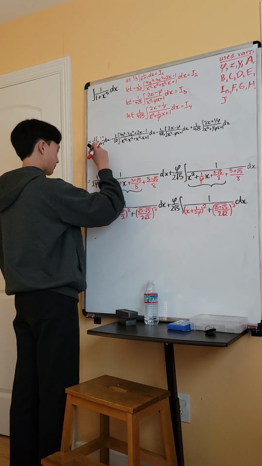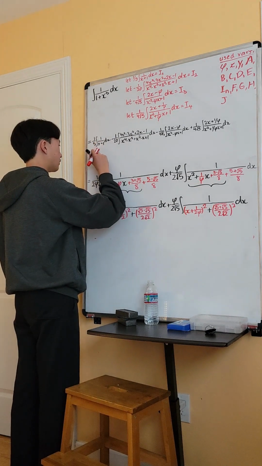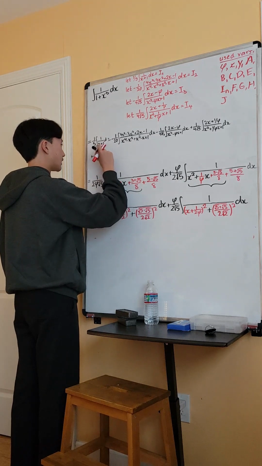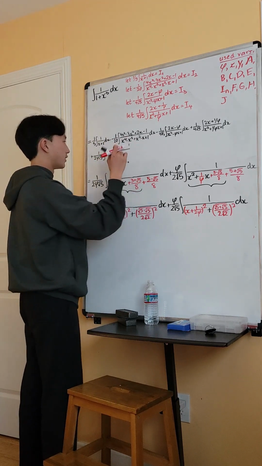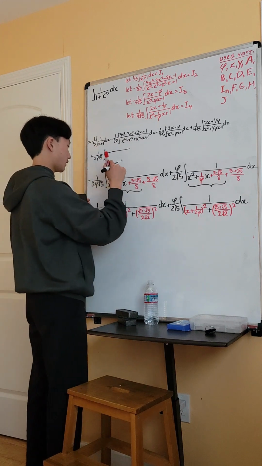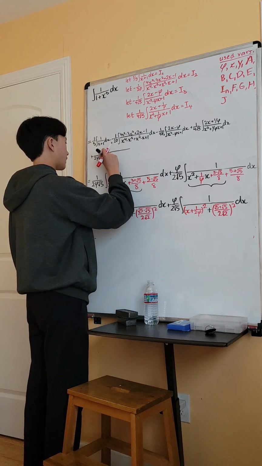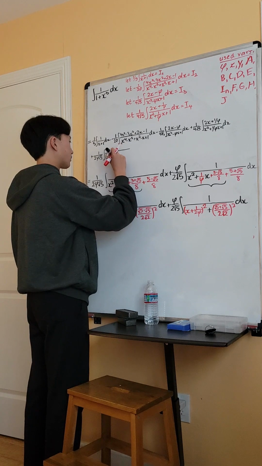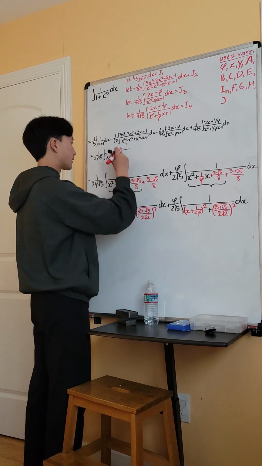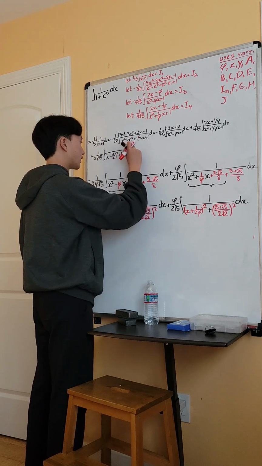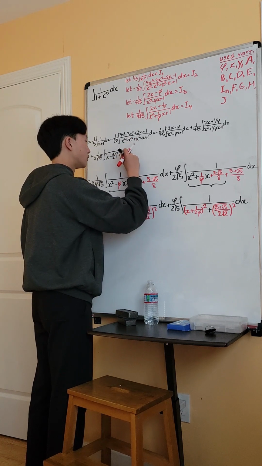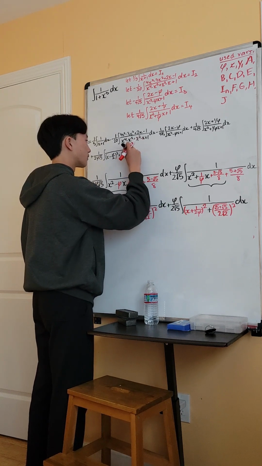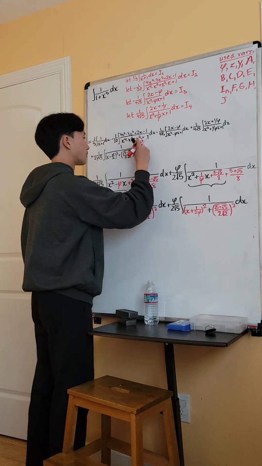So now you're adding 1 over 2 phi root 5 times the integral of, I'm going to give myself a lot of room in the denominator, 1 over x minus phi over 2 squared plus root 5 over 2 root 2 squared dx.